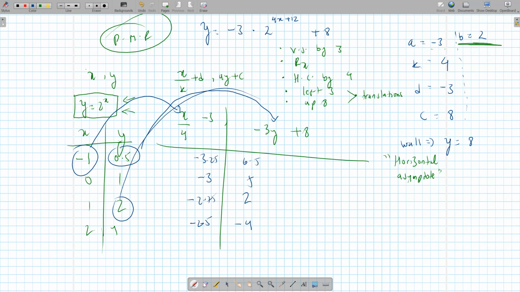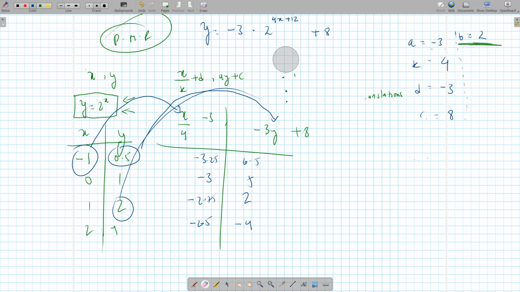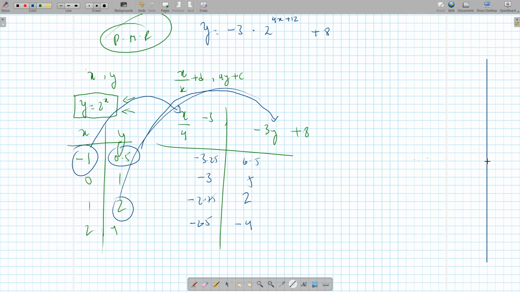So once you have that, you basically have the question in the bag. You don't need anything else. Just remember the wall is at y equals 8. So we are going to draw a graph. I'm going to look at the values. We use a lot of negative x values, so I don't really care about the positive x. So I'm going to say 4 boxes is 1. So that's -1. 1, 2, 3, 4. That's -2. 1, 2, 3, 4.